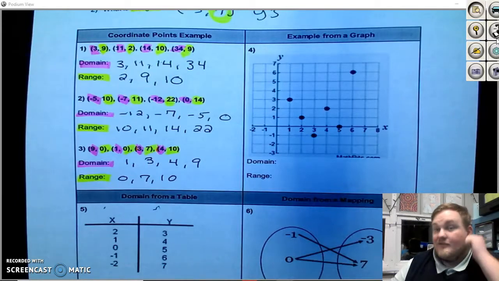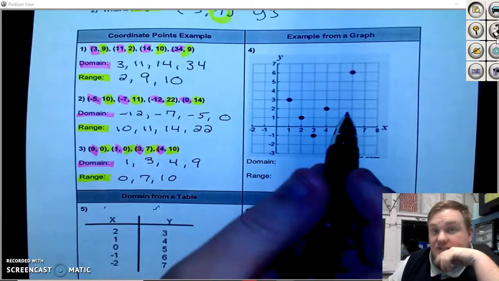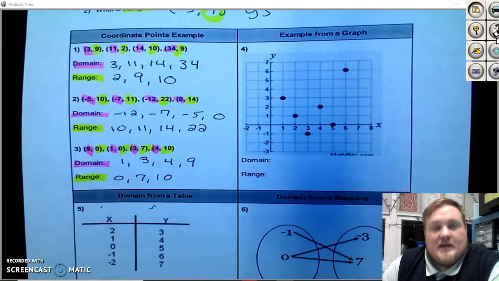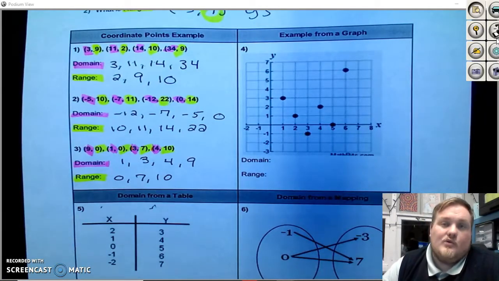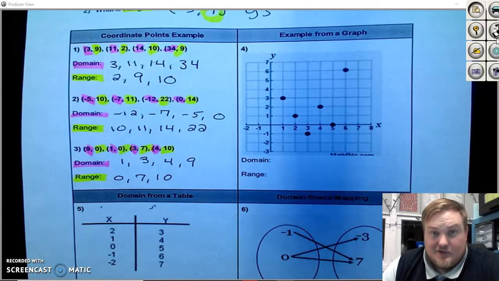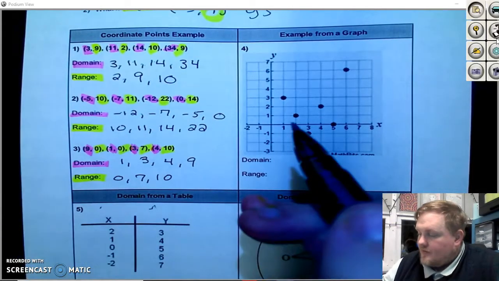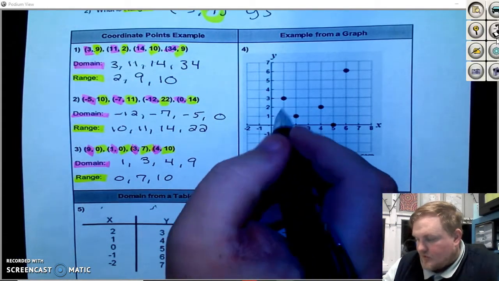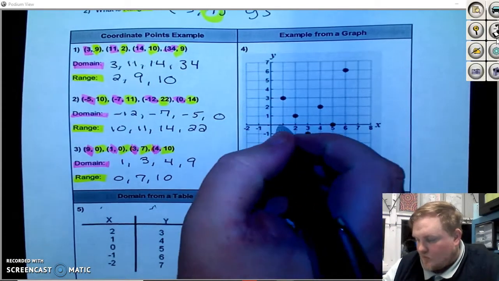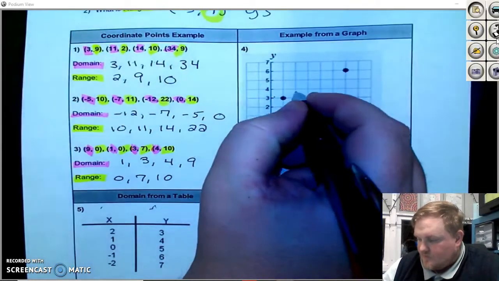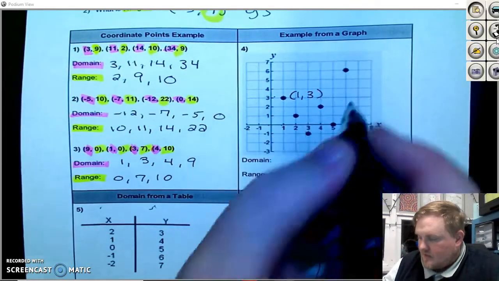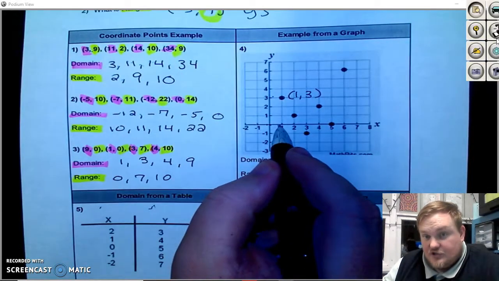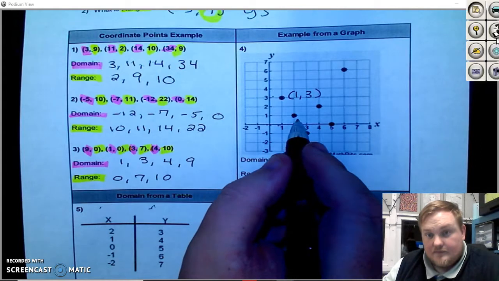However, sometimes you're given a graph, and they plot points on the graph, and you have to be able to determine what the domain and range is. So this is just an additional step that you have to do. This coordinate here is 1, 3, because I went over 1 and up 3. The x is 1, the y is 3. This coordinate here is 2, 1, because I went over 2 and up 1.